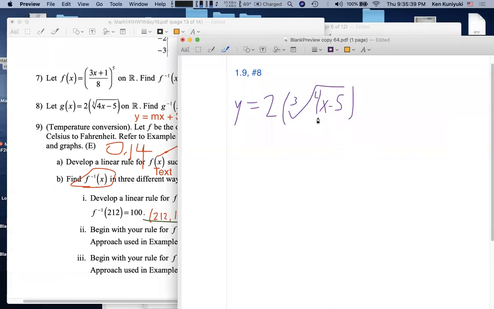All right. So the first step is to replace g of x with y. Second step is to switch x and y. So x equals 2 times the cube root of 4y minus 5.